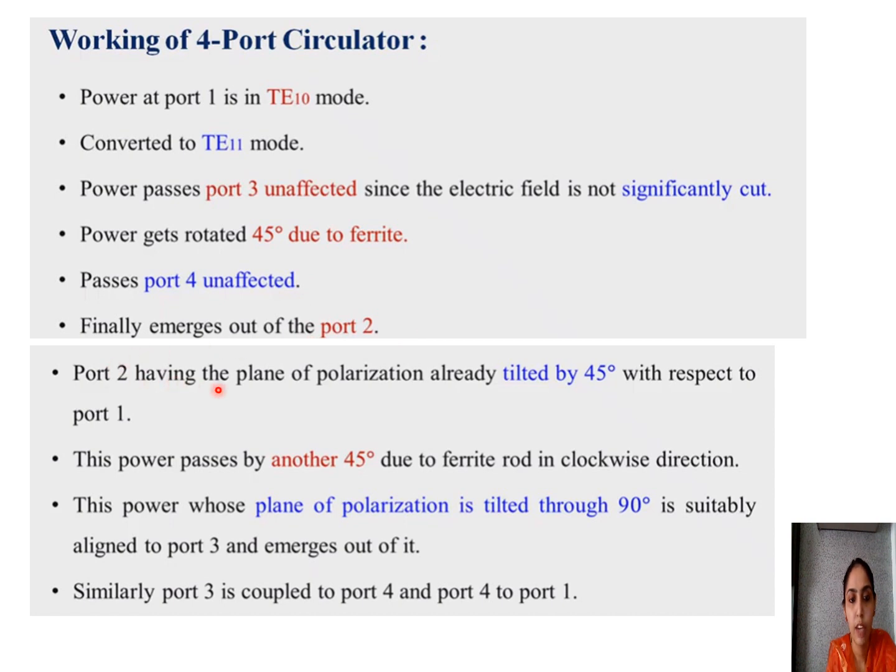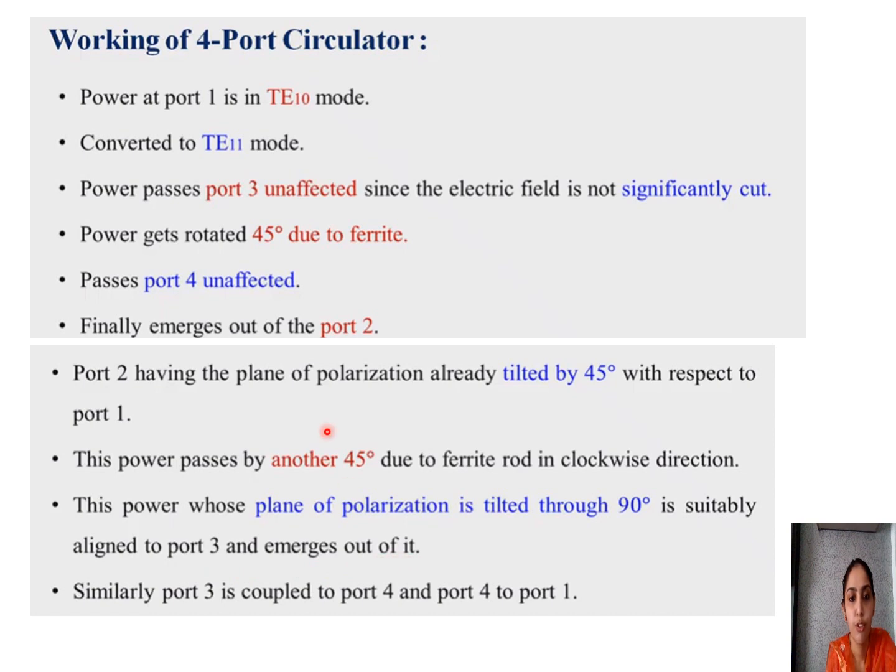So port 2 has the plane of polarization already tilted by 45 degree with respect to port 1. Again it goes another rotation of 45 degree due to the ferrite rod in clockwise direction. Now the power whose plane of polarization is tilted through 90 degree is suitably aligned to port 3 and emerges out of it.